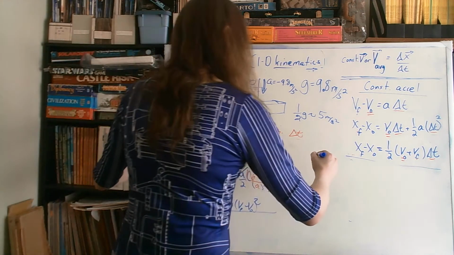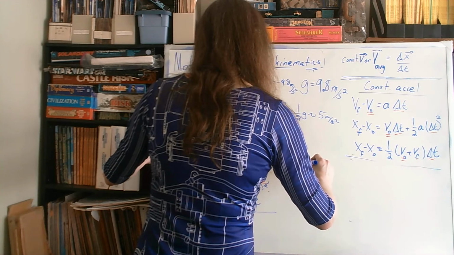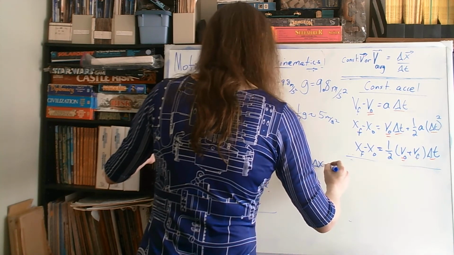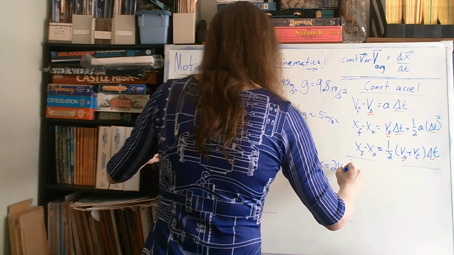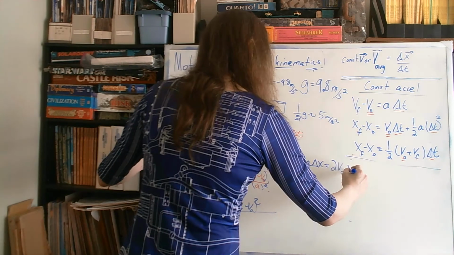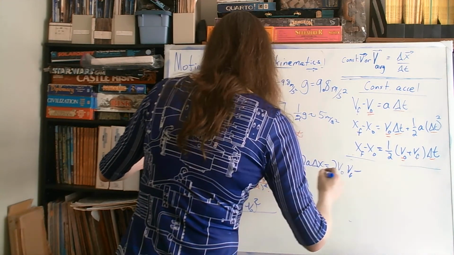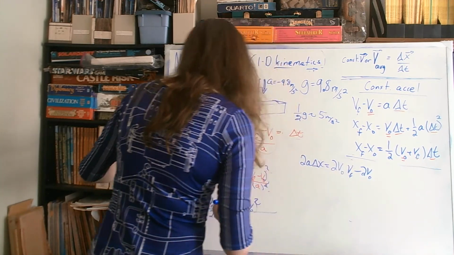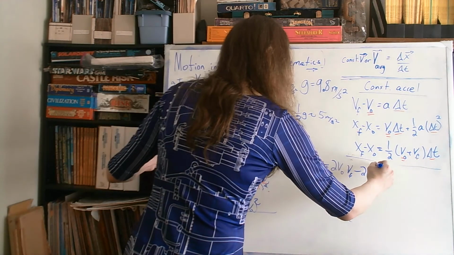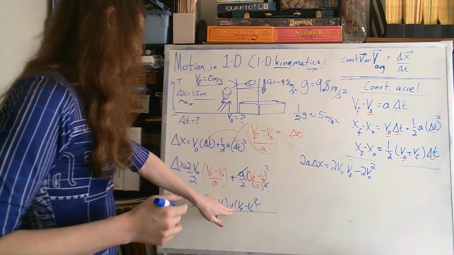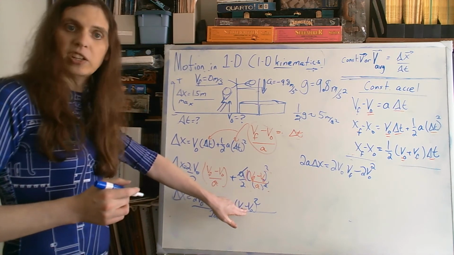So we've got 2a times delta x equals 2v0 times vf minus 2v0 times v0 plus this binomial squared.